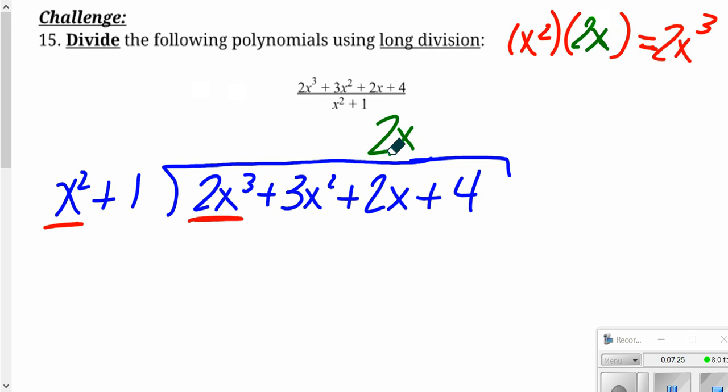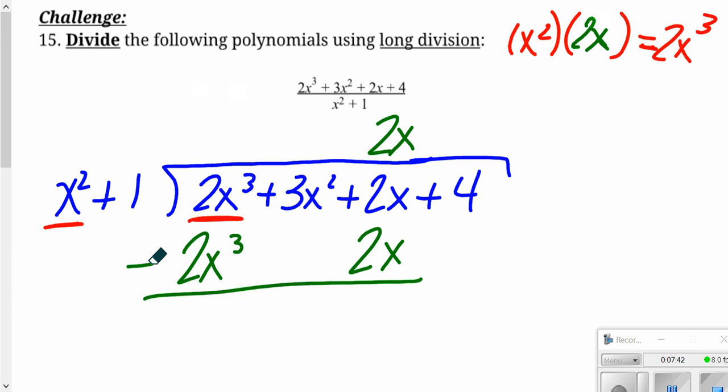Then I take that thing I just wrote in green and I multiply it times both of these things on the outside. Okay, so 2x times x squared is 2x to the third. 2x times 1 is 2x. You line things up so that you are lining up your like terms. Okay, and then you're subtracting.